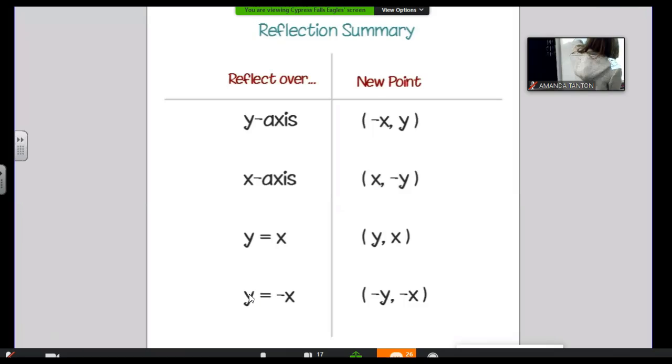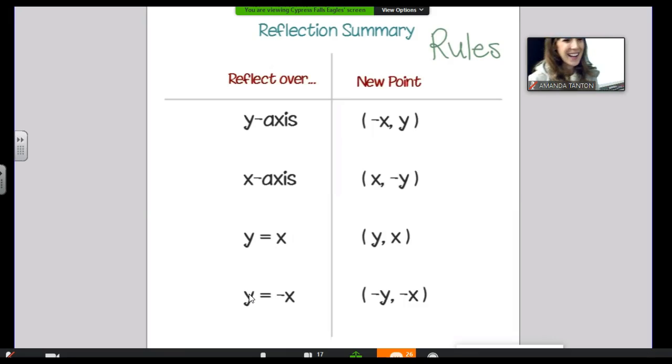These are your rules on your notes page. When you reflect over the y-axis, you change the x. When you reflect over the x-axis, you change the y. When I say change, I'm saying you change the sign of the x. You change the sign of the y. You make it negative. If it was a negative it would become a positive.